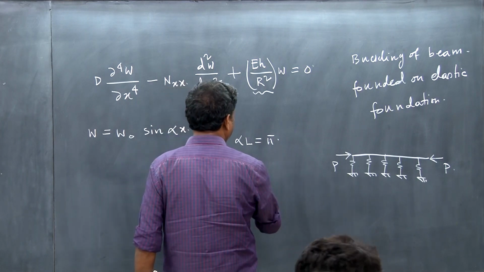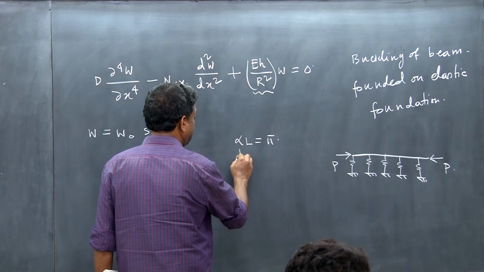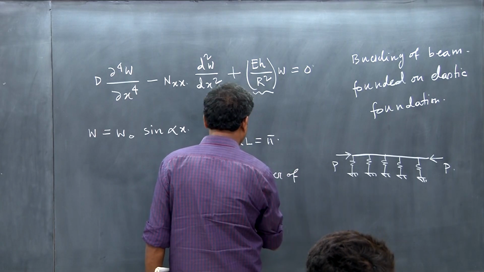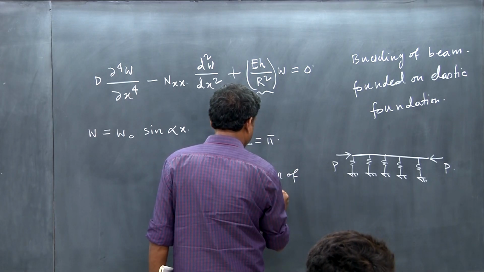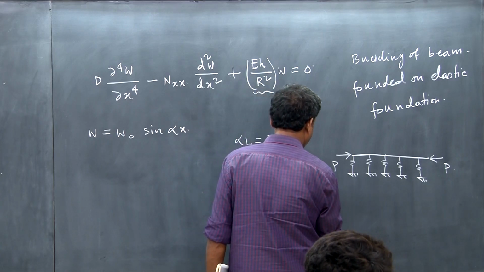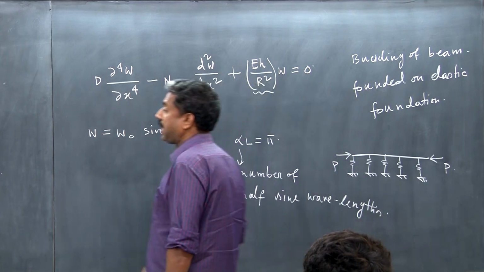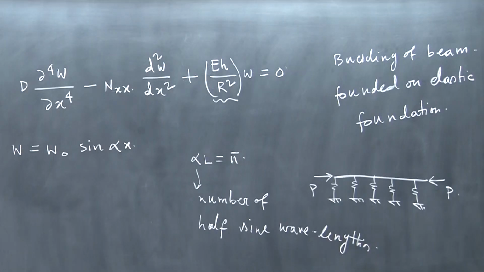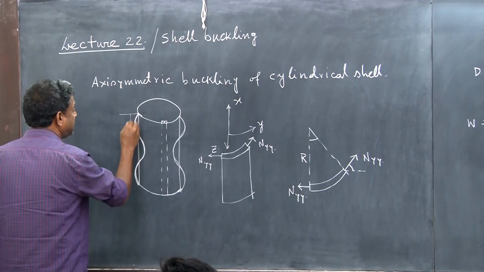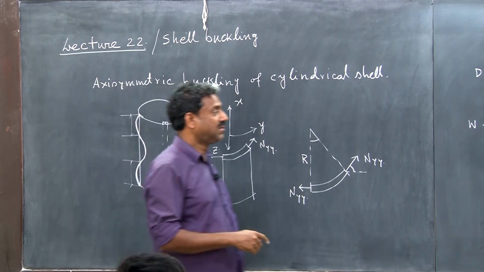So, it is a half wavelength basically, alpha L to be pi, because alpha is the number of half sine wavelengths. Half sine wavelength means we are assuming this shape to be sinusoidal. So, how many alpha is there? This one, that one, you see that is alpha, so it is an integer.